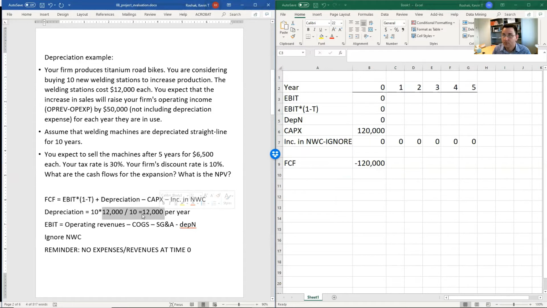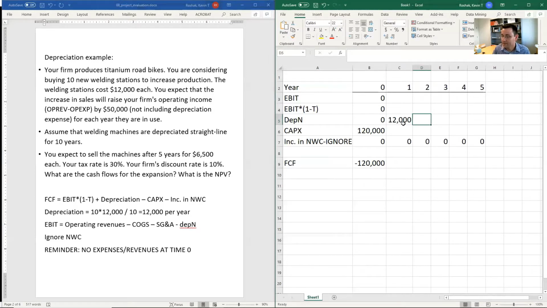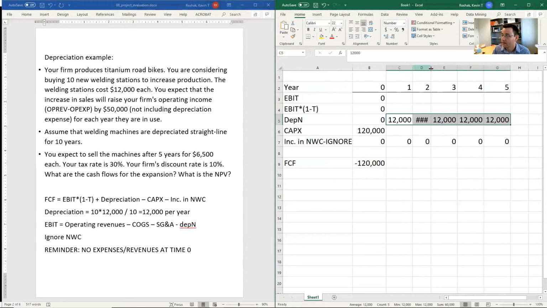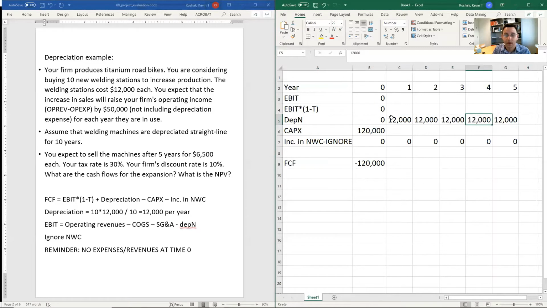So you're depreciating each machine by $1,200 each year, and you have 10 of these machines. So that's $12,000 per year in depreciation expense. That happens as long as you own the machines, all the way out to time 5. At time 5, you'll sell it, but until time 5, you'll depreciate it $12,000 per year.